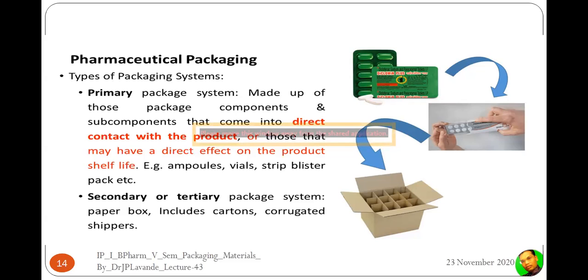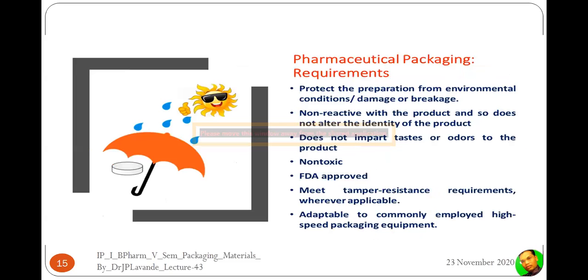Let's say, for example, there are ampoules, vials, strip and blister packagings, etc. The secondary or tertiary packaging system will consist of the paper box, cartons, and corrugated shippers. And secondary packaging is further placed into the tertiary packaging, which is useful for the process of shipment of the product.